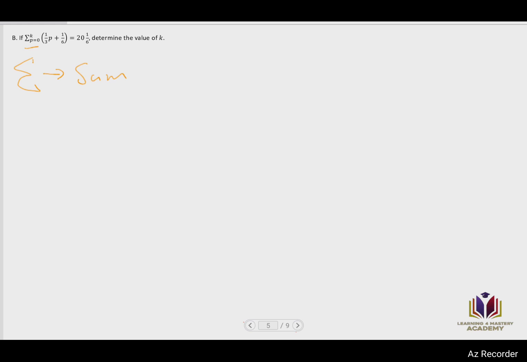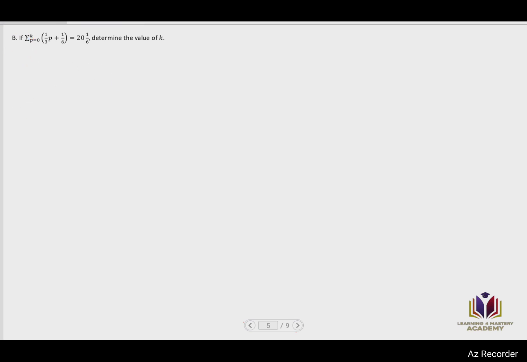So this k that you see here is basically the last term of the series, however, counting from the first term, not counting from T0. So if we calculate the value of n and it gives us 14, we have to minus 1 to get the k.